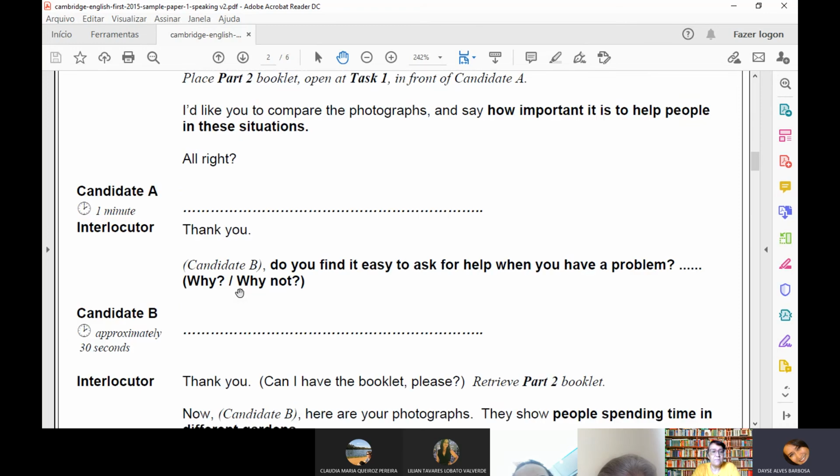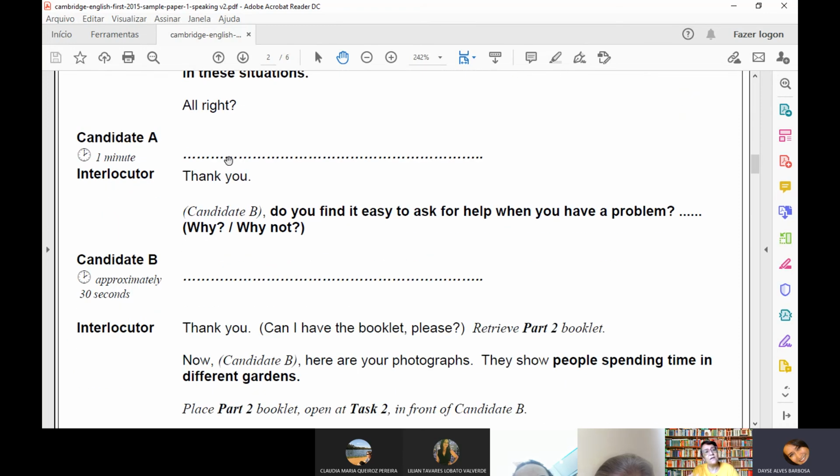When the time is up, the interlocutor has a little clock there, so he can control time. When the interlocutor says thank you, you have to stop talking, even if you didn't conclude your talk, and then you hand the booklet back to the interlocutor, and then he or she addresses the second candidate.